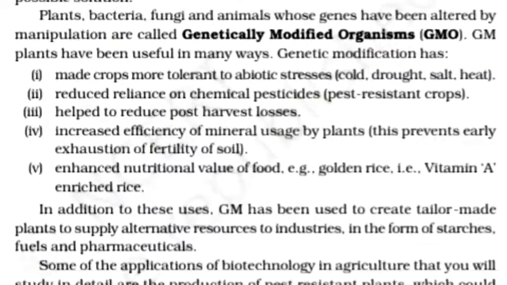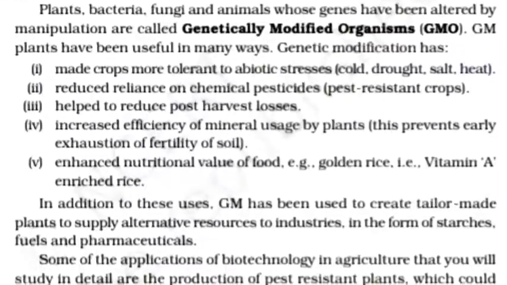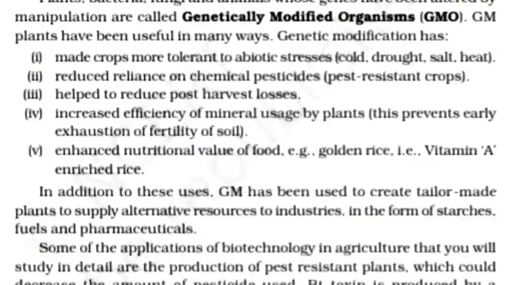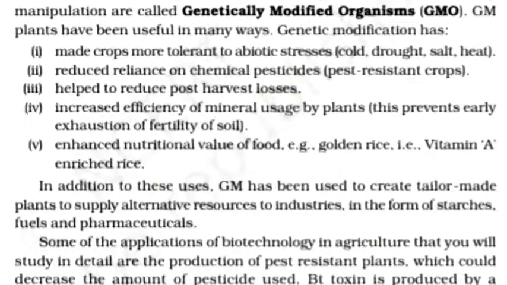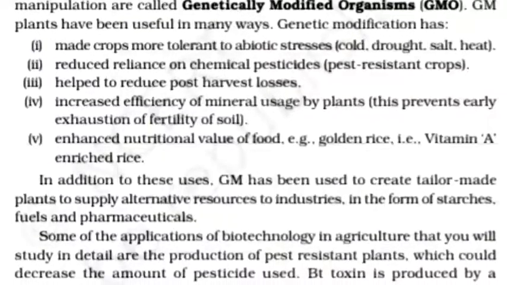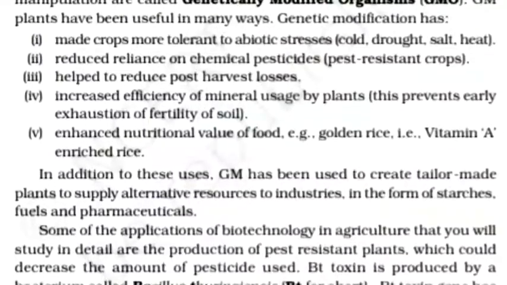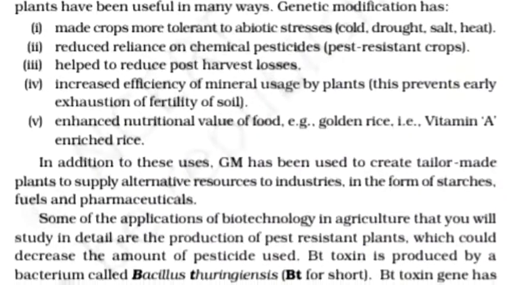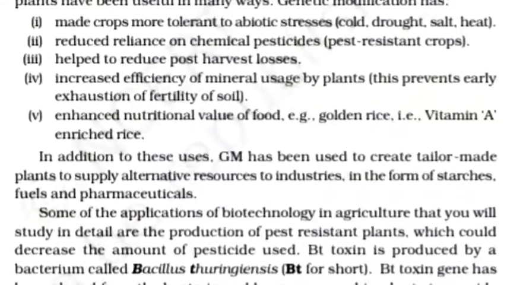Enhanced nutritional value of food. Example, golden rice, that is vitamin A enriched rice. In addition to these uses, GM has been used to create tailor-made plants to supply alternative resources to industries in the form of starch, fuel and pharmaceuticals.